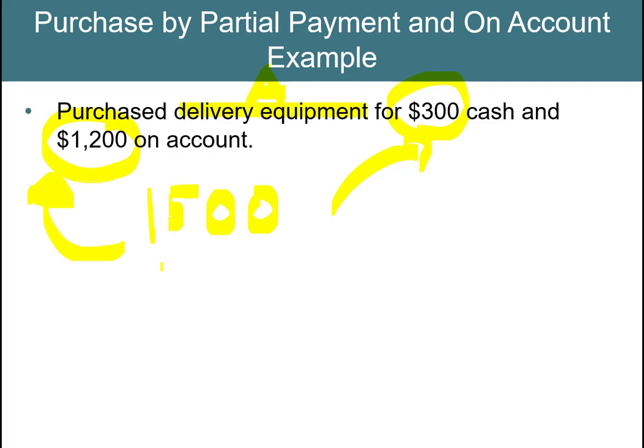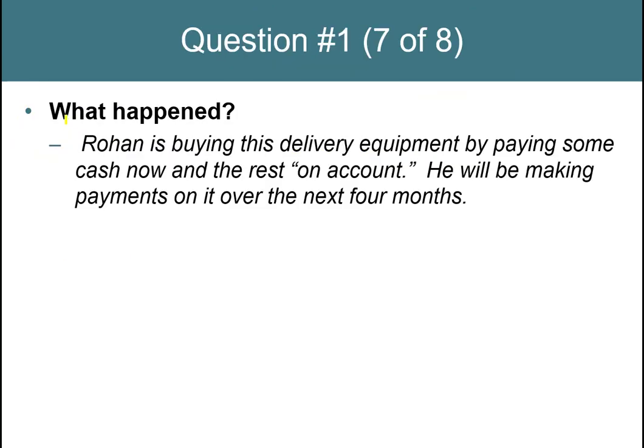So we have three effects on this account: increase in assets, reduction in cash, and increase in liability. So what happened actually? Rohan is buying this delivery equipment by paying some cash now and the rest on account. This will be our accounts payable.